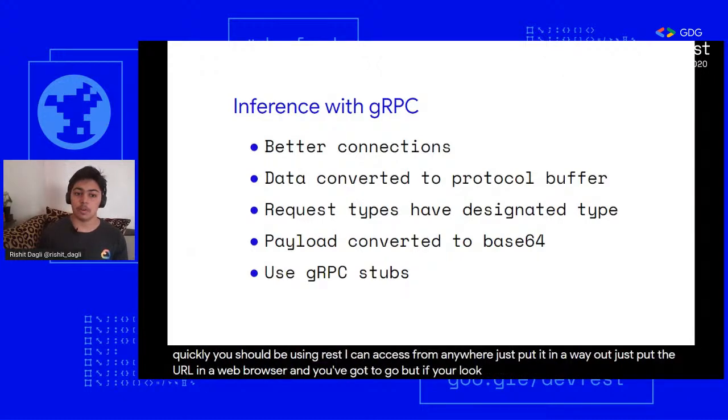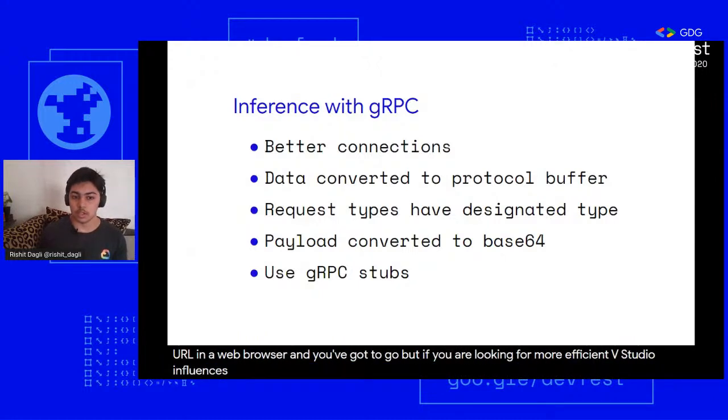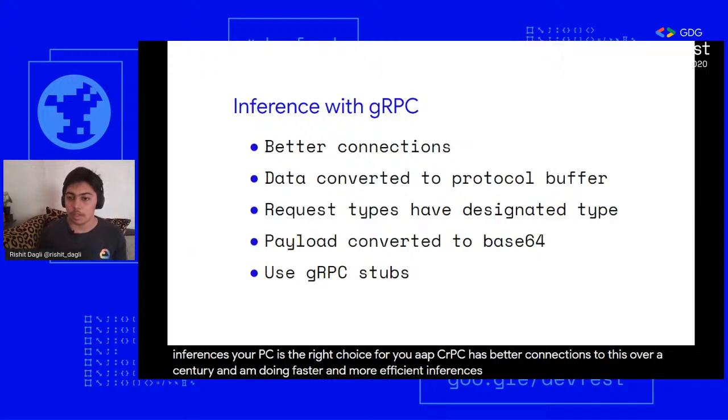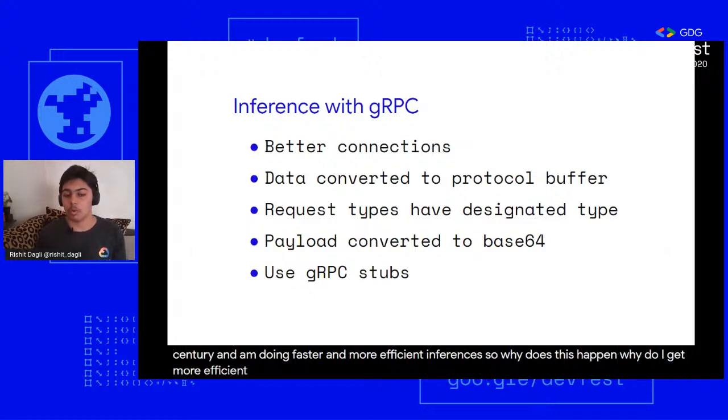But if you're looking for more efficient ways to do your inferences, gRPC is the right choice for you. gRPC has better connections to the server, so you would essentially end up doing faster and more efficient inferences. So first off, why does this happen? Why do I get more efficient responses with gRPC?